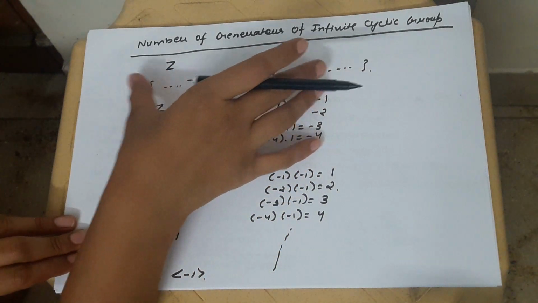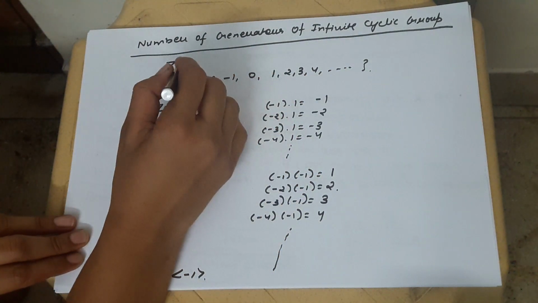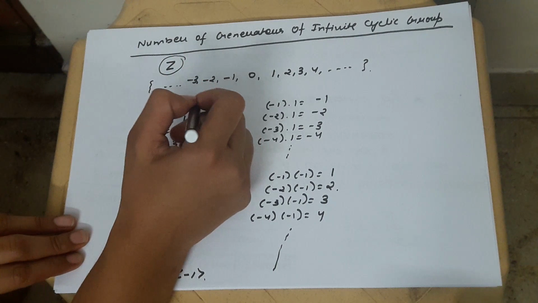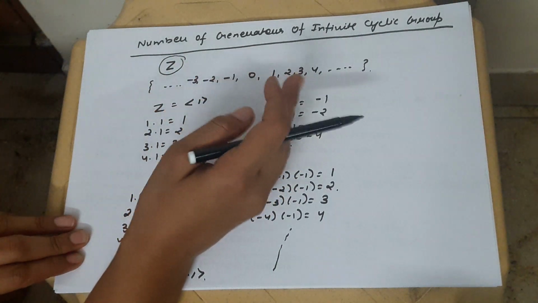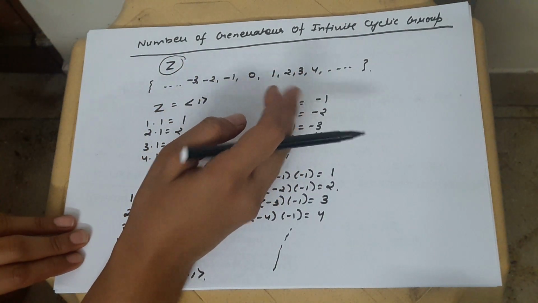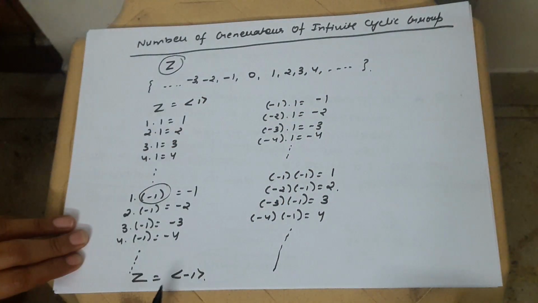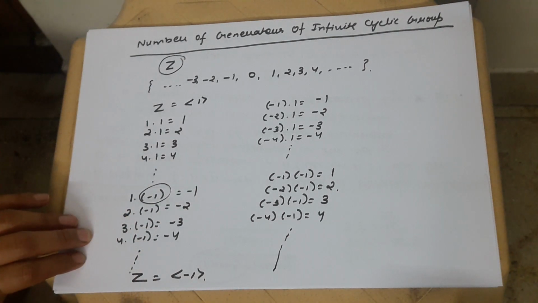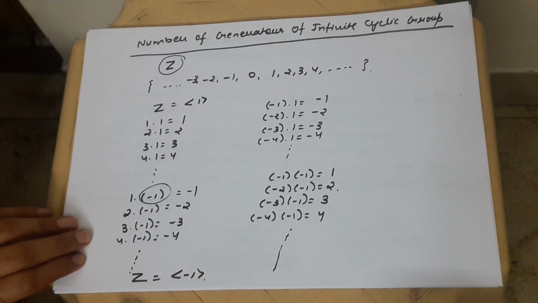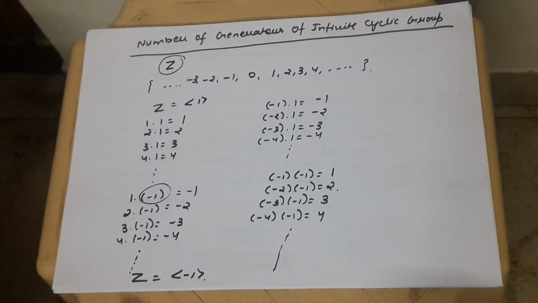So the conclusion we got from this group is that if we know the generator of an infinite cyclic group, then it will have one more generator, which will be the inverse of that generator. If it is a multiplicative group, then the inverse will be the multiplicative inverse of the generator. Or if it is an additive group, then it will be the additive inverse of that generator.